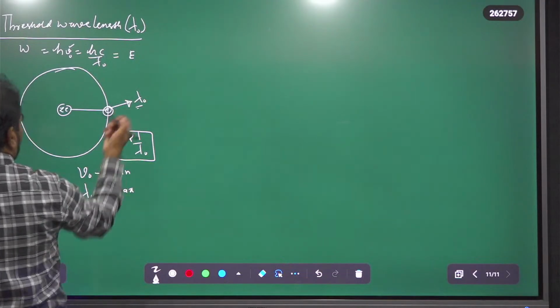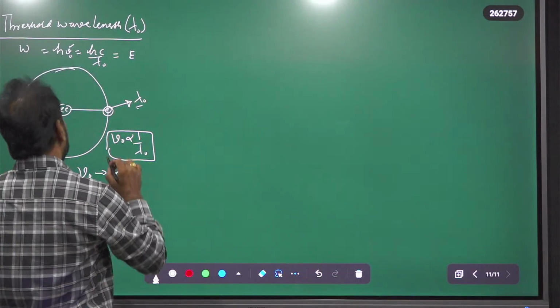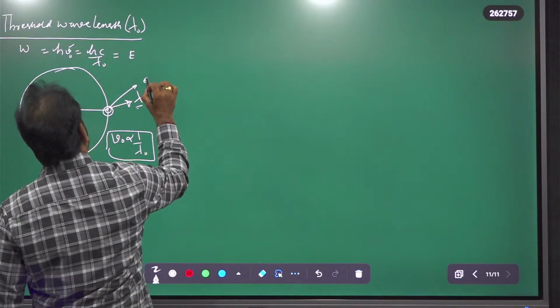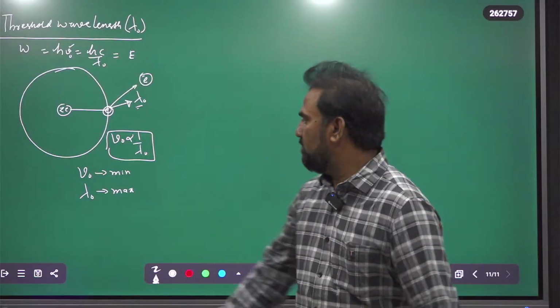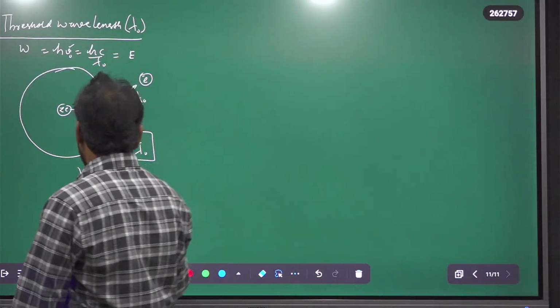lambda naught must be the maximum. So the maximum wavelength required for an electron to recoil from its orbit, or to eject from its orbit, is called what? Threshold wavelength.